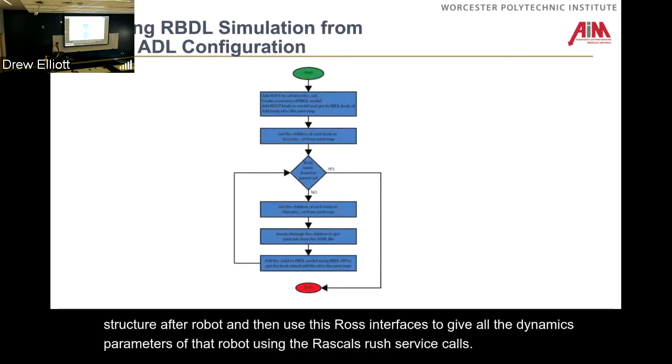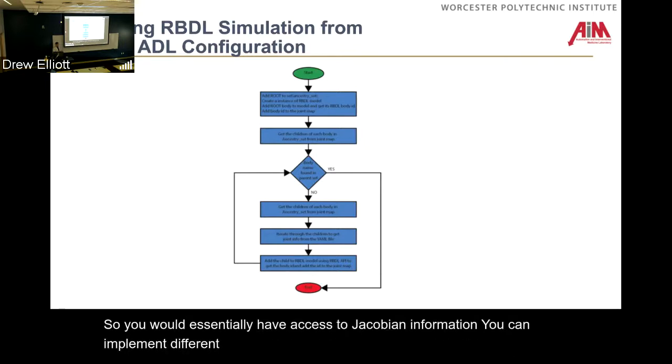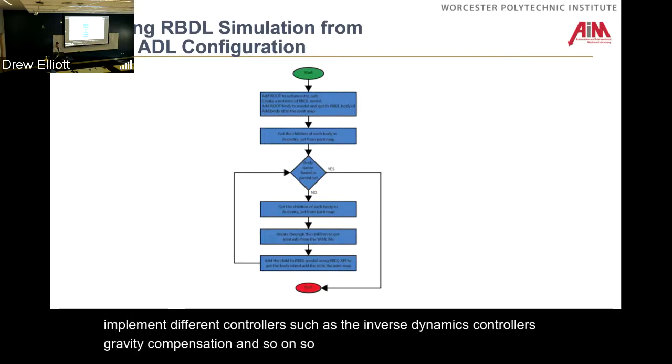So you would essentially have access to Jacobian information. You can implement different controllers, such as inverse dynamics controllers, gravity compensation, and so on and so forth, using this server.